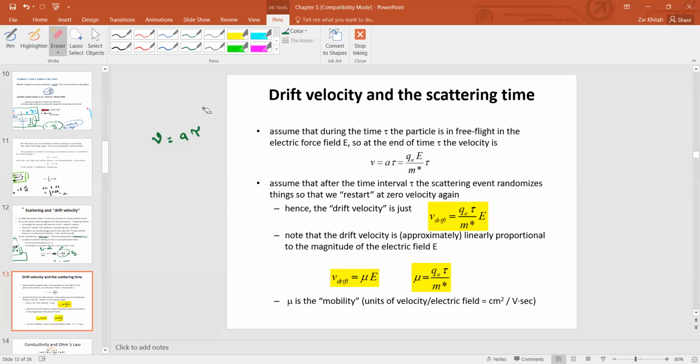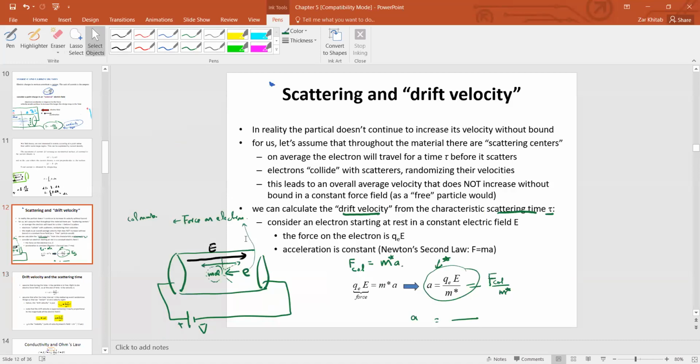After that it probably makes a collision with a molecule again, may get scattered and may again gain velocity. So the time between two successive collisions is the time in which the electron gets its velocity.